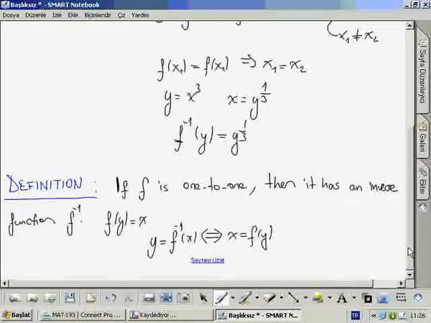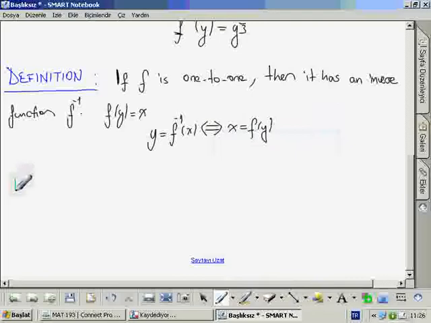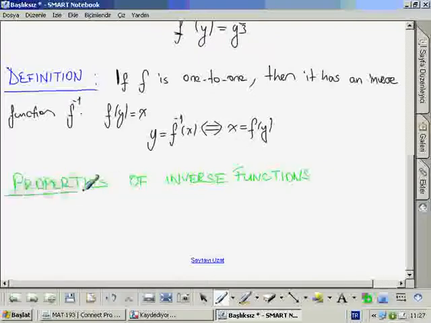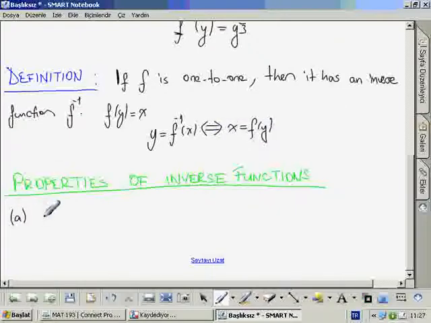Let me give you properties of inverse functions. A, it comes from the definition, if and only if x equals f of y.